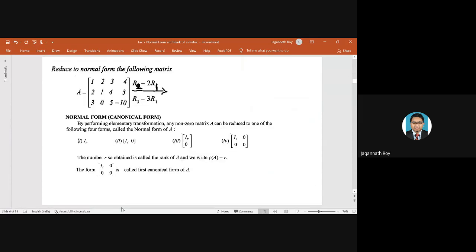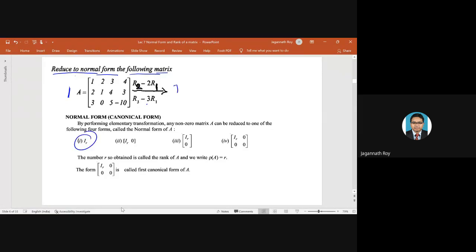Okay. Given a matrix A, try to reduce the matrix to its normal form. After row and column operations, what will we get? We'll try to find out whether it is of this form, or I4, or any one of the forms.